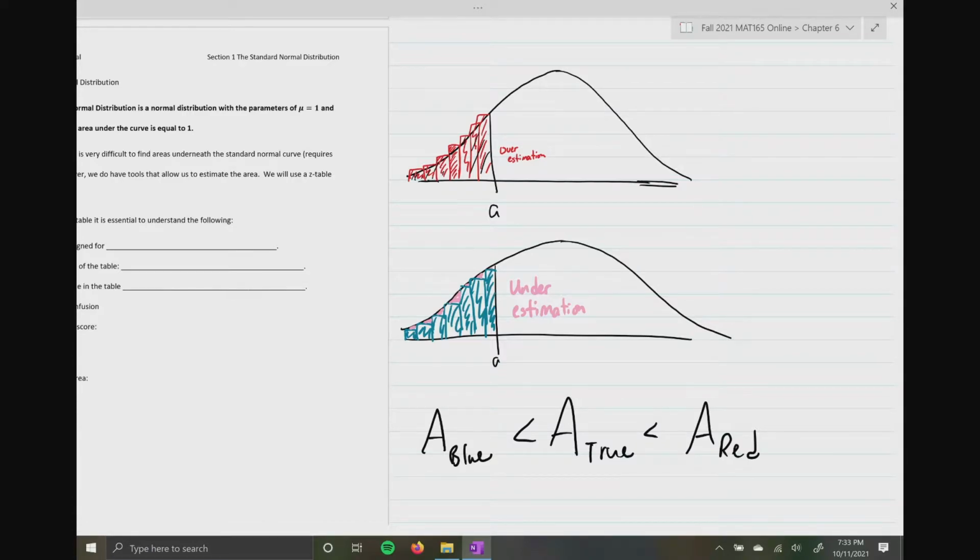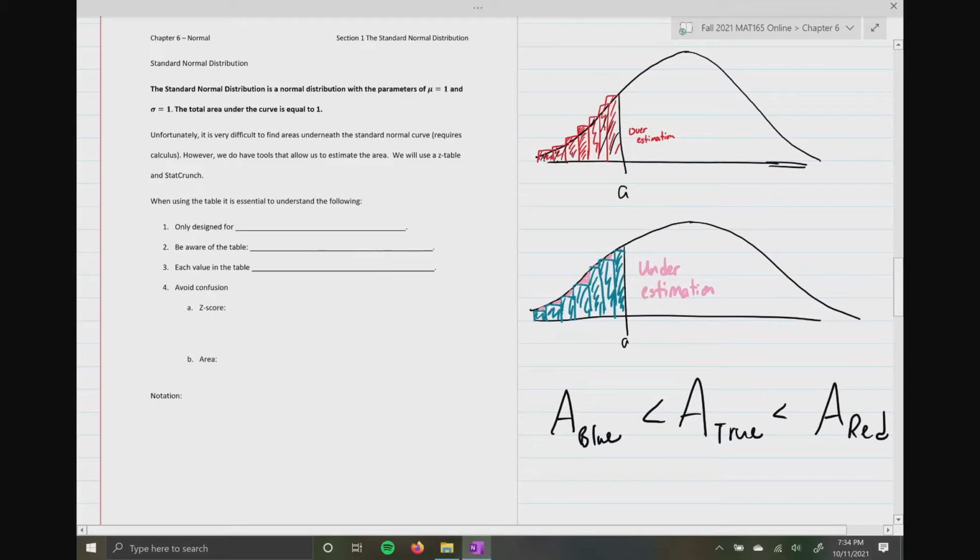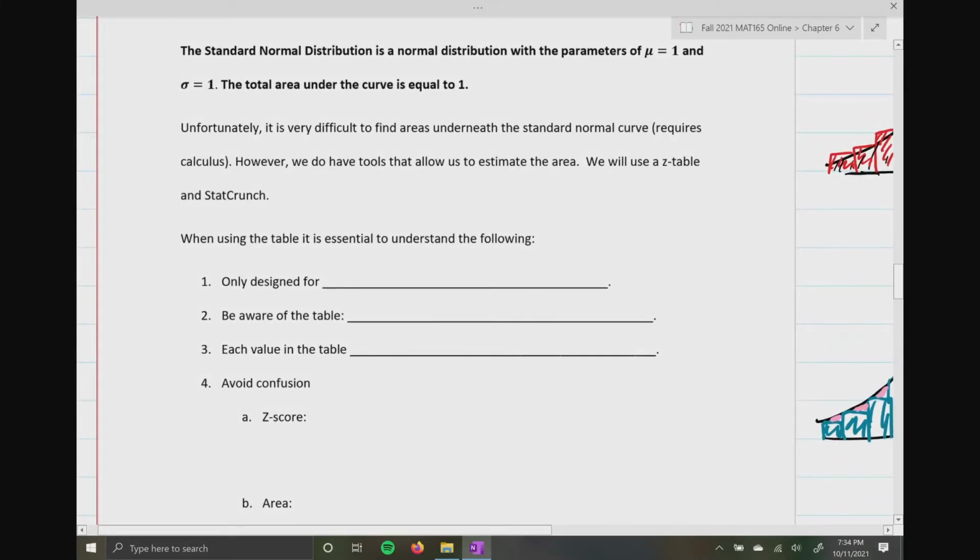Luckily for us, there's been so much study within the field of statistics that we can use technology, which I'm a huge fan of. We can also use some tables, which I'm going to upload into Blackboard, and I'll show you. So we'll go over this one more time.